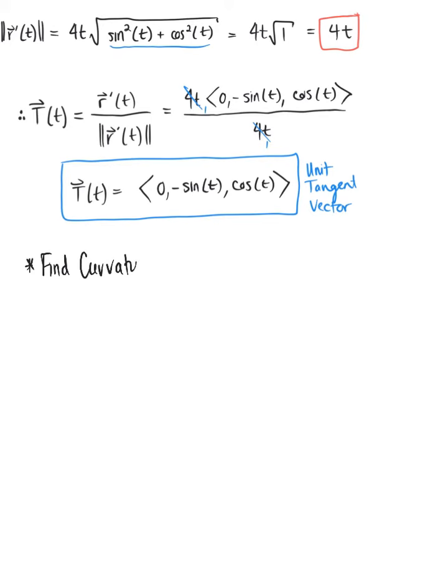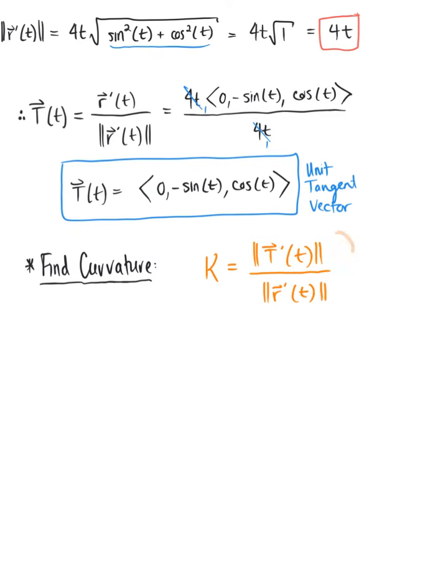Our curvature, we can again recall, is defined as kappa, and this is equal to the magnitude of the derivative of our unit tangent vector with respect to the arbitrary parameter t divided by the magnitude of the tangent vector.